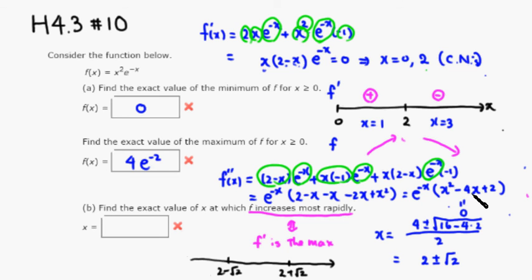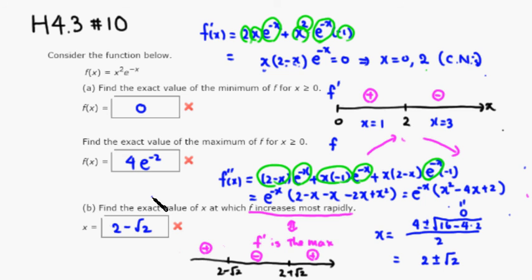If you put 0 here, it's going to be positive. If you put 2 here, it's going to be negative there. If you try anything like 4, that's going to be positive there. So f prime is increasing here, decreasing here, and increasing here. So the largest value is going to be at 2 minus square root of 2.